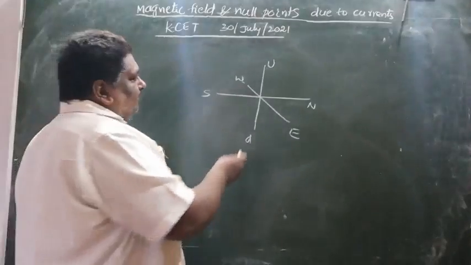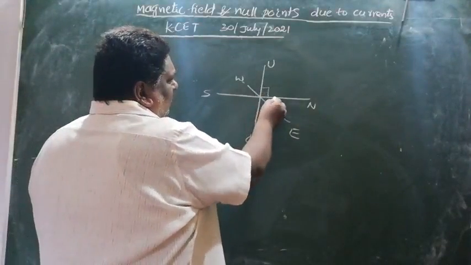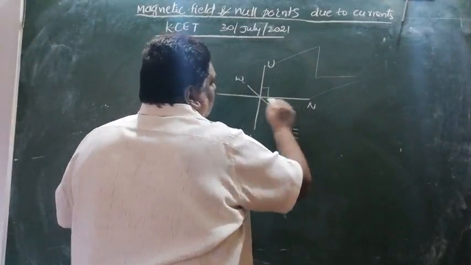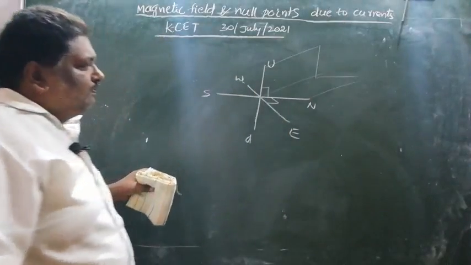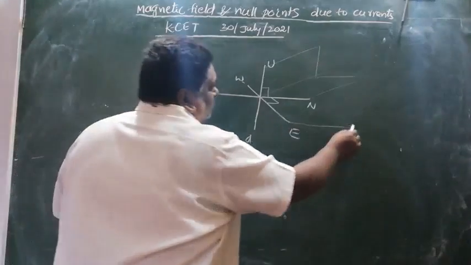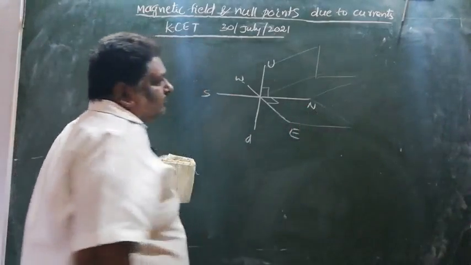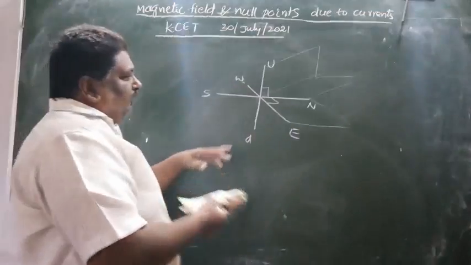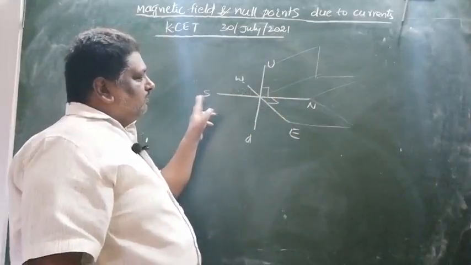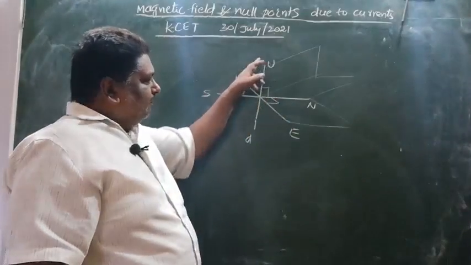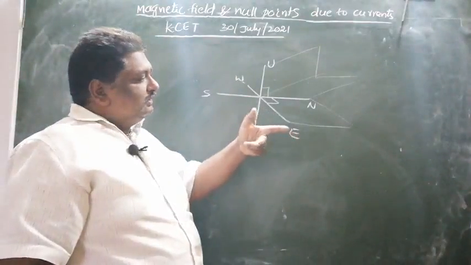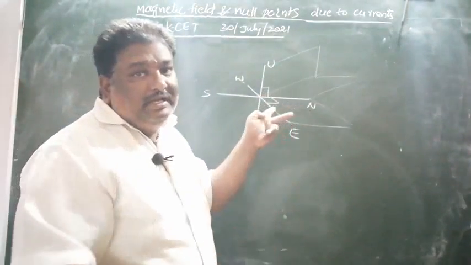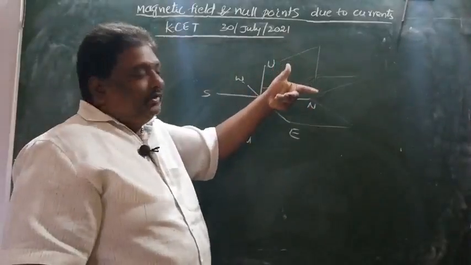Try to understand. Here to here 90 degree, here to here also 90 degree. Like this one plane, three-dimensional. Like this, three-dimensional. So here it is north, south, east, west, up, down, three-dimensional like this. It is north direction, in this finger's direction east direction, it is upward direction.